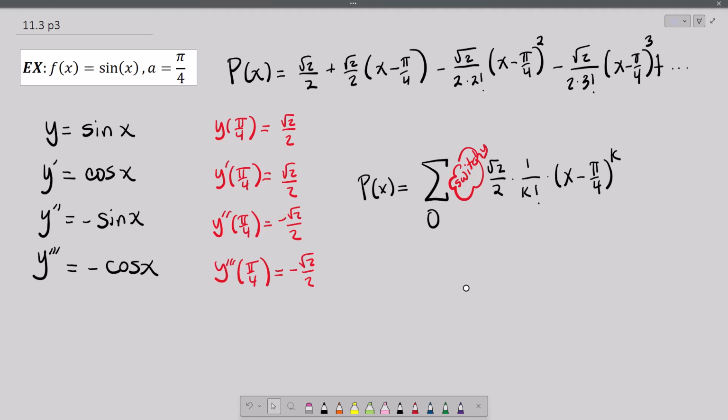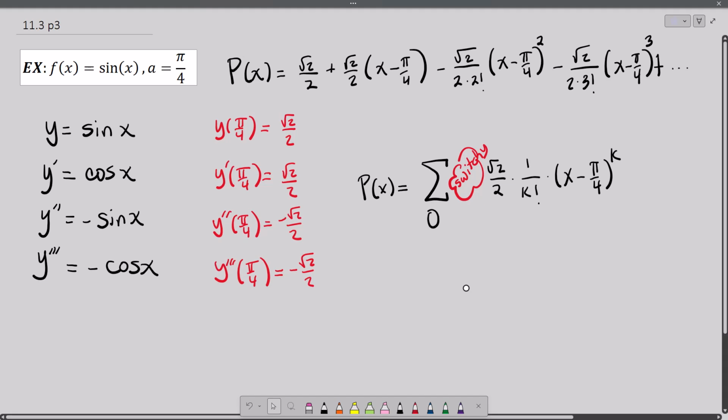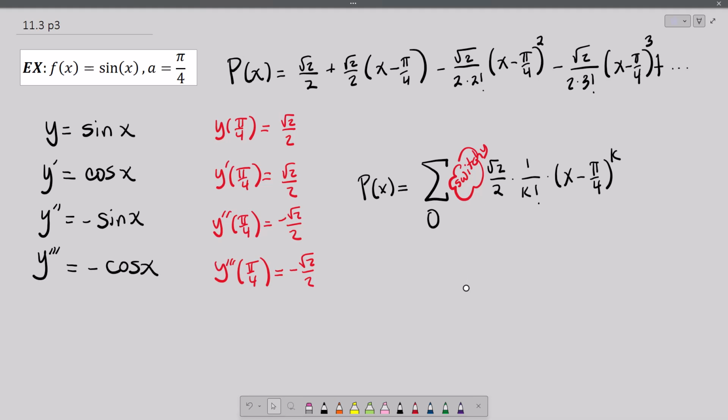This is k plus 1. And then I would multiply that by my inverse, which is going to be k factorial x minus pi.